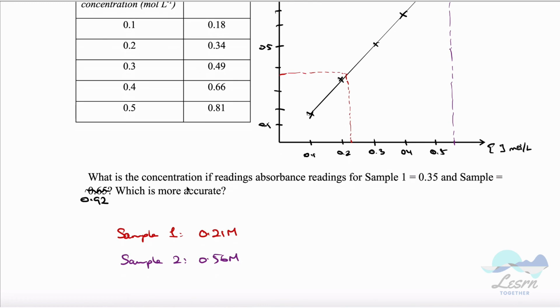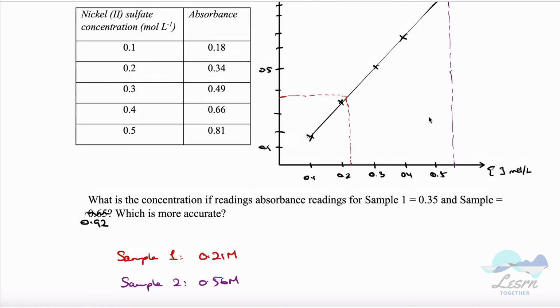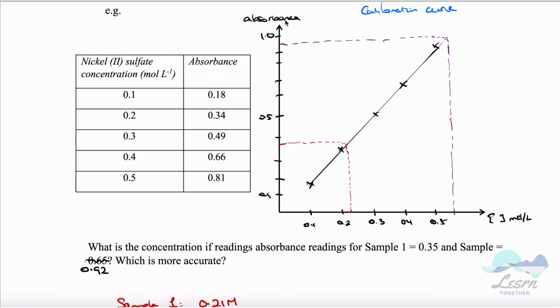So before we talk about which one's more accurate, just a couple of things to note. It's always absorbance on the left-hand side because absorbance is your dependent variable, the concentration is your independent variable. So the absorbance is always going to change based off how your concentration changes. And when you get a reading, you're getting a reading for absorbance. So you're always looking at the y-axis and then bringing it across to find out what your x value is.